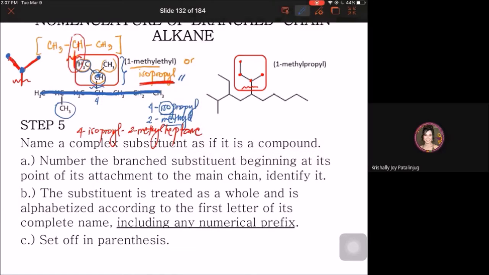If you try to write its condensed form of that complex substituent, that is simply CH3, followed by CH2. You can predict its condensed structure based on its skeletal illustration.